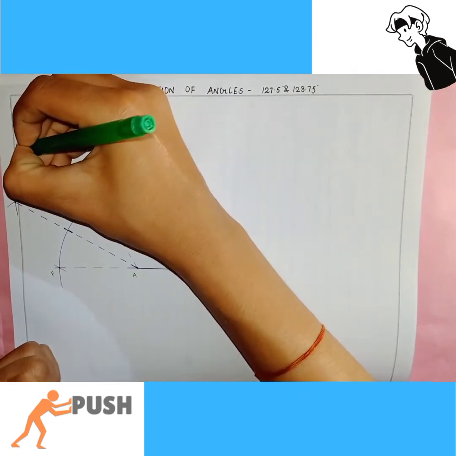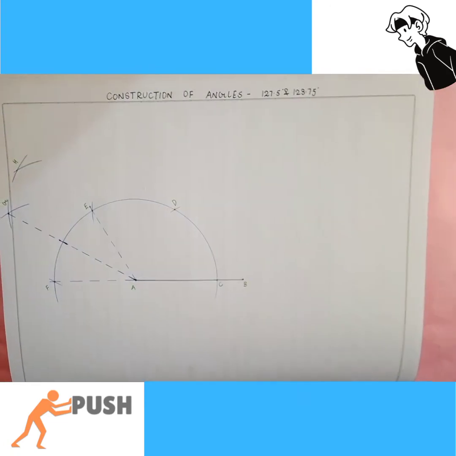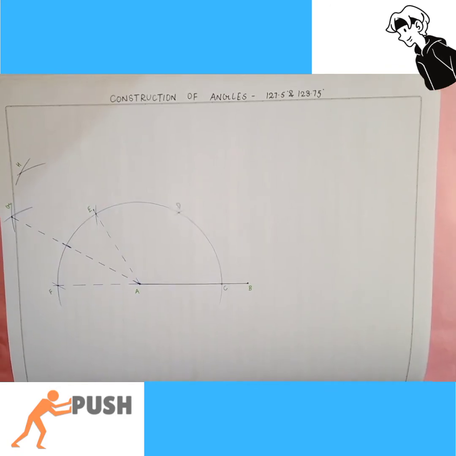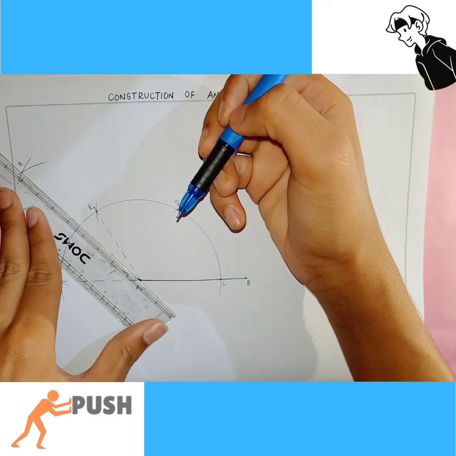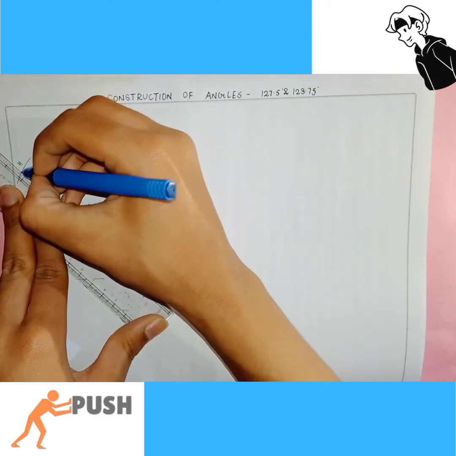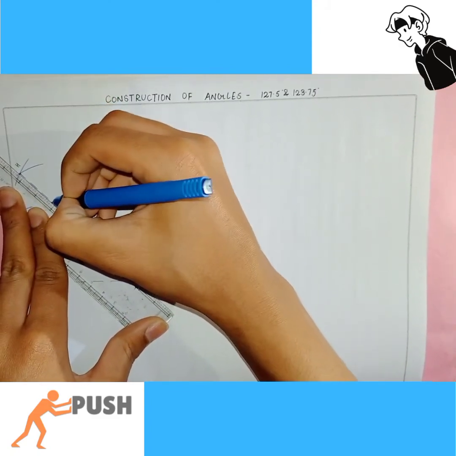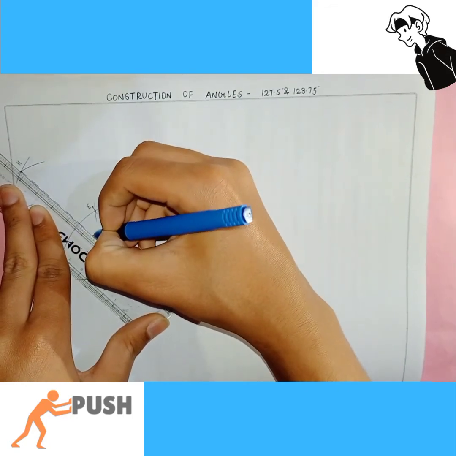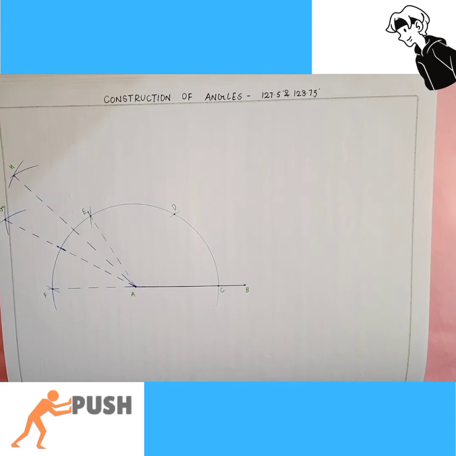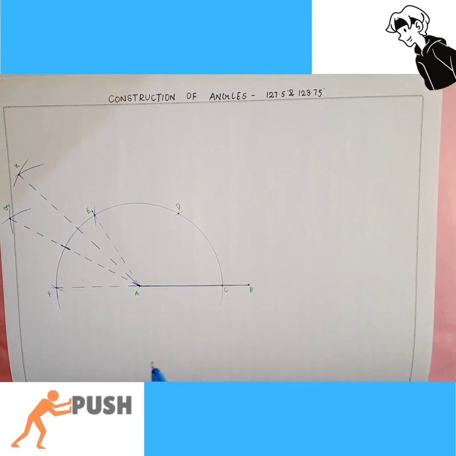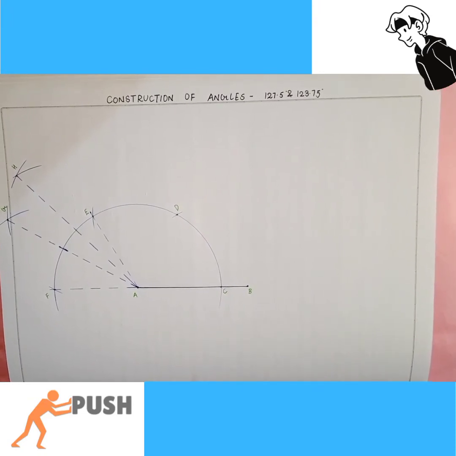Let's make a dot here, name it H. Join A to H. Now we have got angle BAH as 135, and we are on to the final step now.